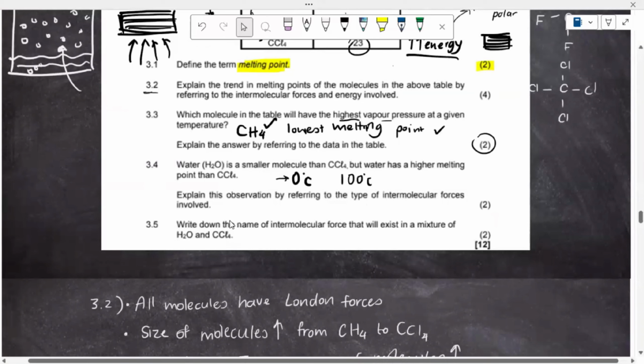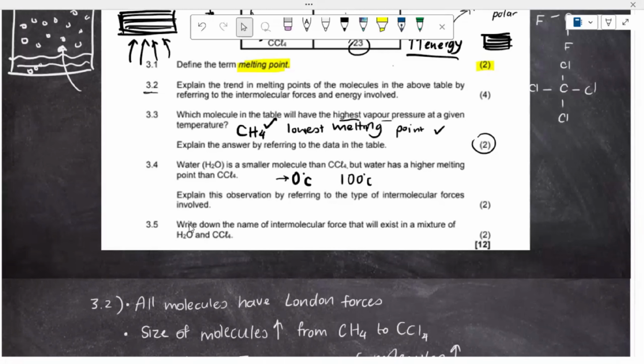So can someone tell me, the H2O, is it polar or non-polar? We did work with water a lot in the beginning, so you guys should know because I drew it a few times. Think of its lone pairs. How many lone pairs does it have?